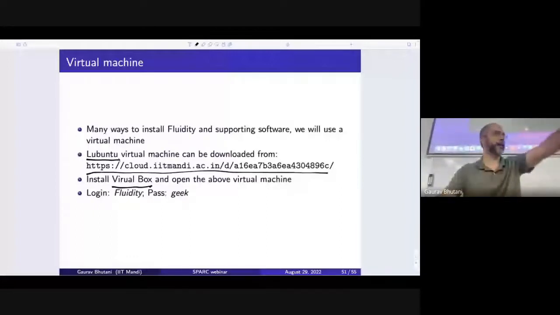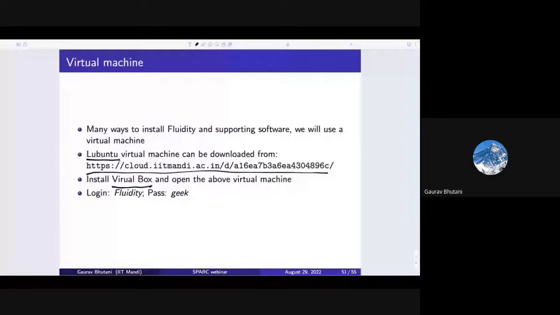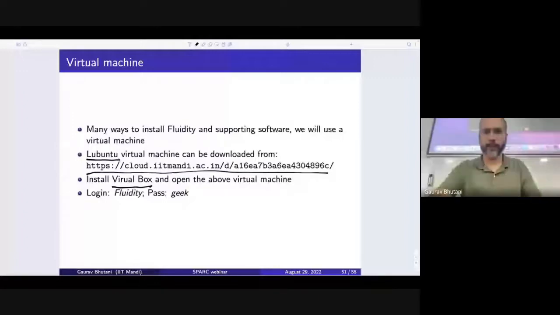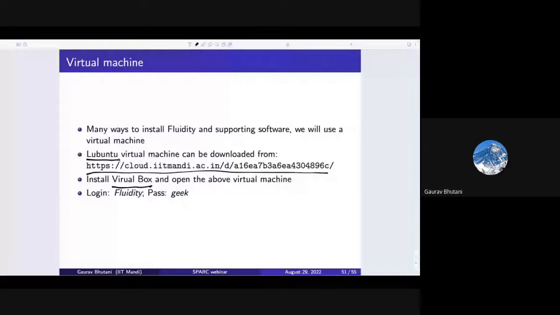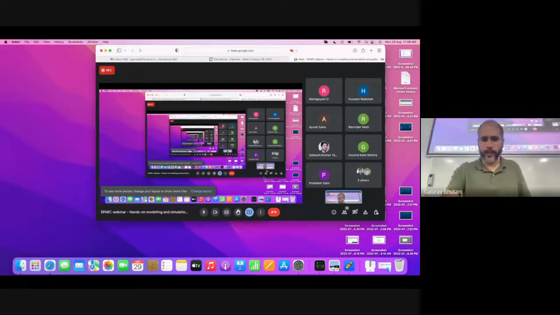I've lost my connection here. You can do that? Okay, please. Use this password. Just a second. I'm sorry for that. I got disconnected.